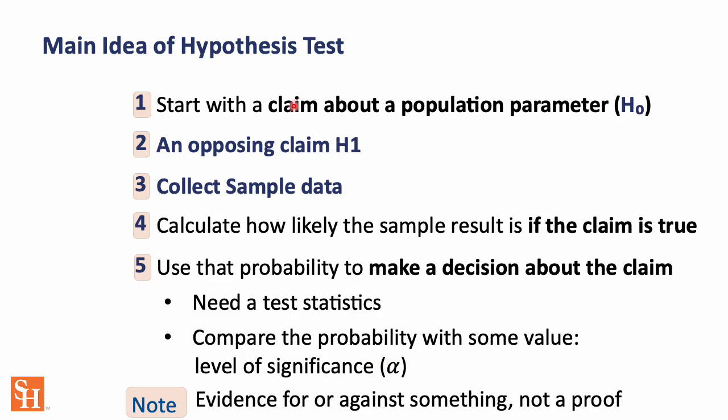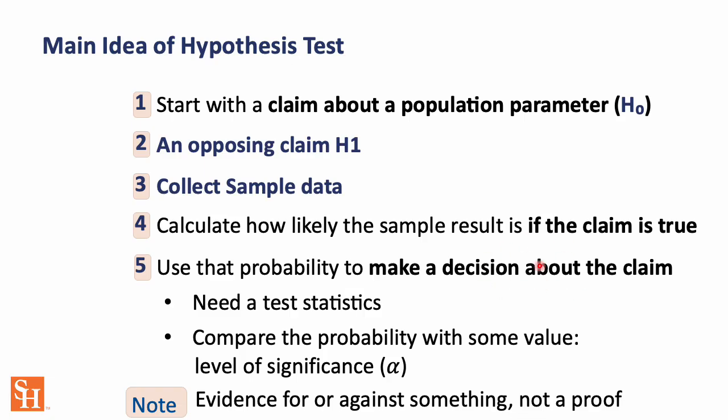And let me discuss the steps again. First we start with a claim for the population parameter, which is our null hypothesis, then an opposing claim, which is the alternative hypothesis, then we collect sample data, then we calculate how likely the sample result is when the claim is true, and then we use probability to make some decision about our claim.